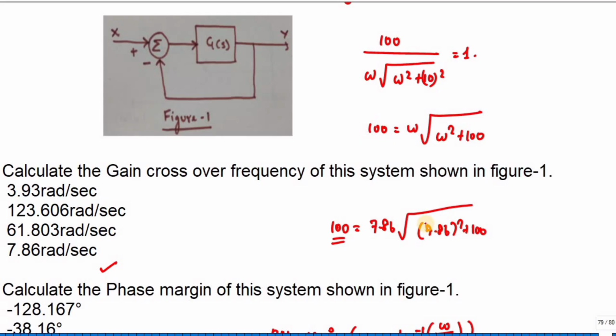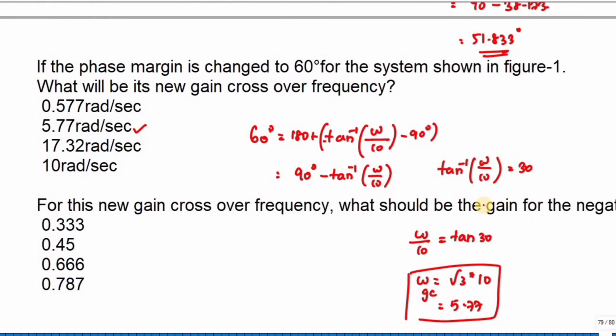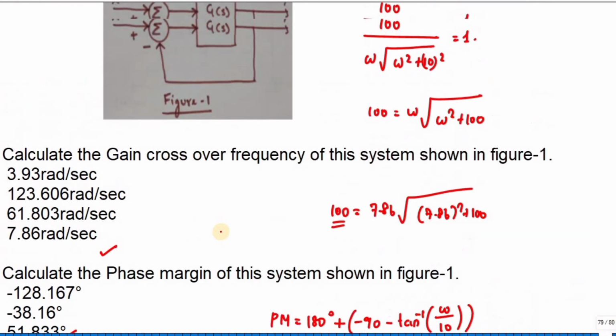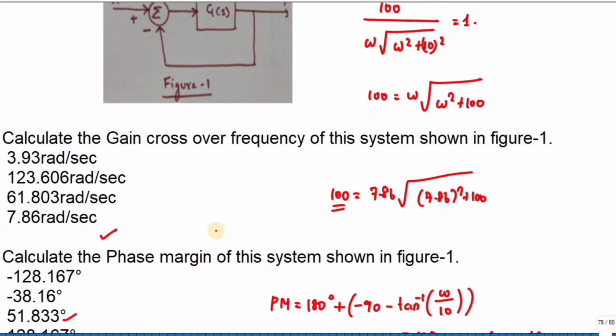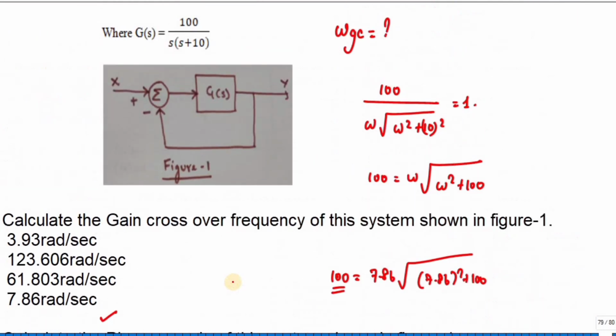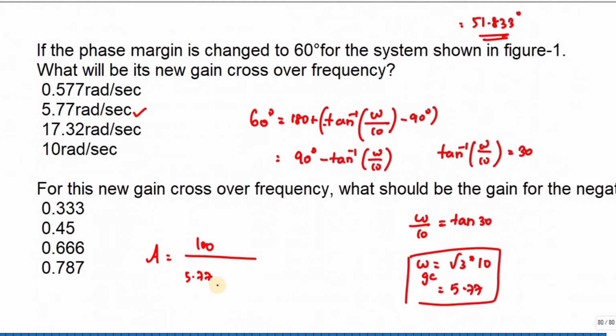Once you know the value of G of j omega, you substitute that value to find the answer for the gain margin. You can see it is 100 divided by omega into root of omega square plus 10 square, right? So you substitute that omega GC value here.